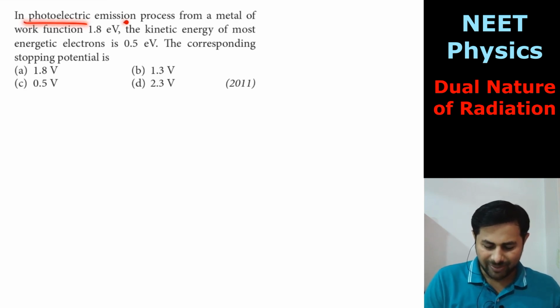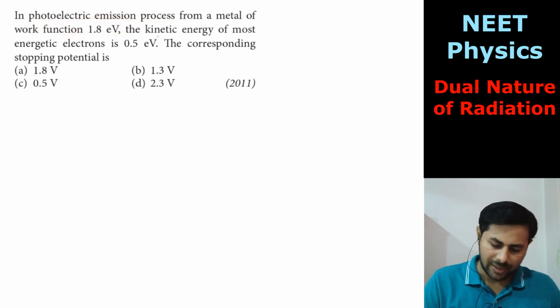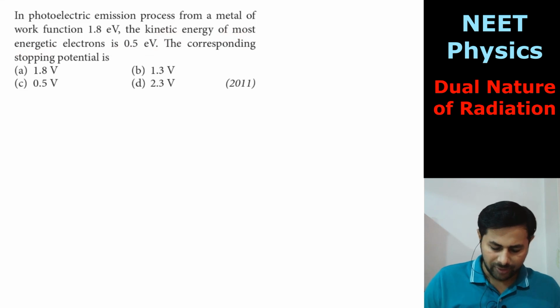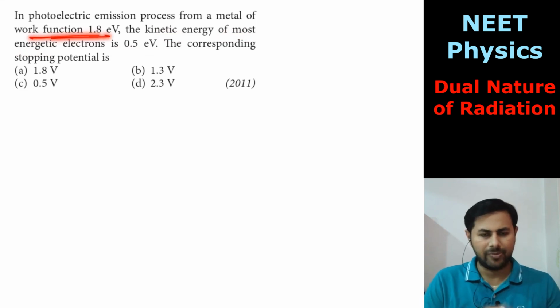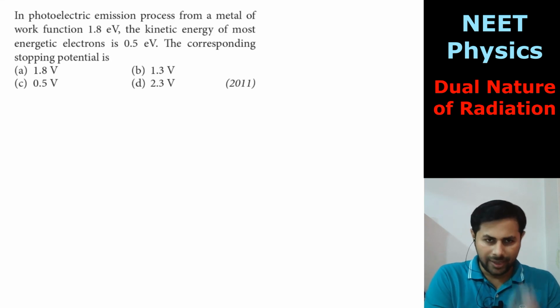In photoelectric emission process from a metal of work function 1.8 eV, the kinetic energy of most energetic electrons is 0.5 electron volts. So what is work function? Work function is minimum amount of energy required by the electrons to come out of metal surface.